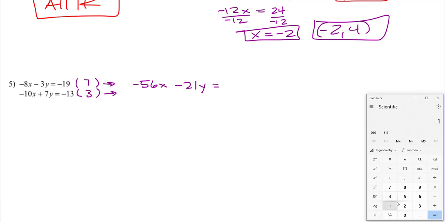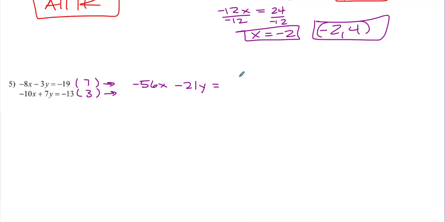Let's do that on here. 19 times 7, that is 133. So this is negative 133. And then here we got 3 times negative 10x, that is negative 30x. 3 times positive 7, 21y. And 3 times negative 13 is negative 39.